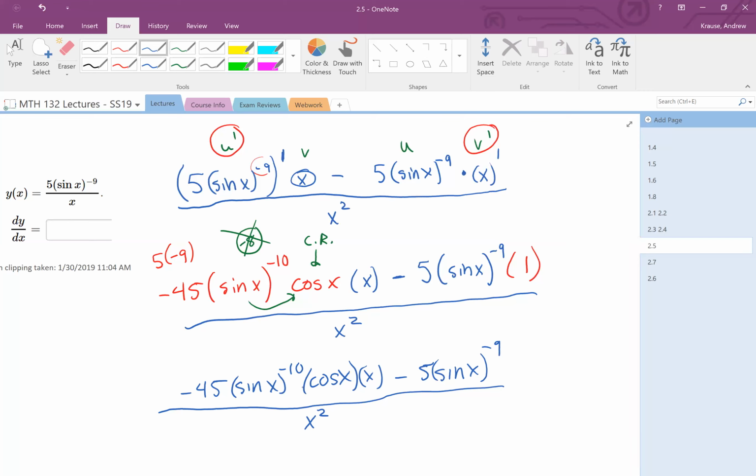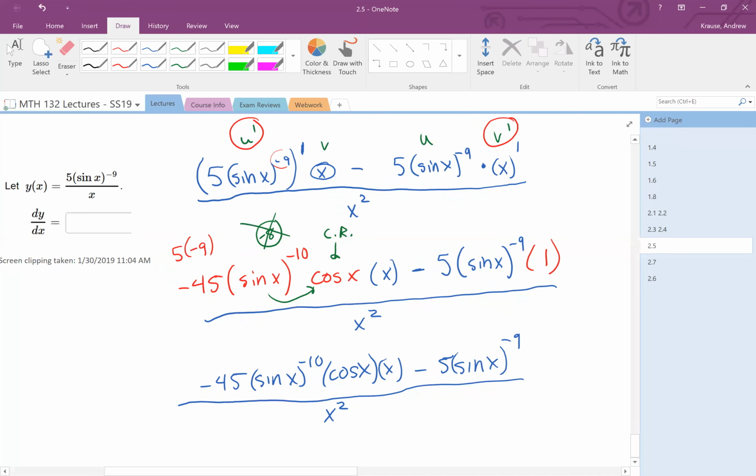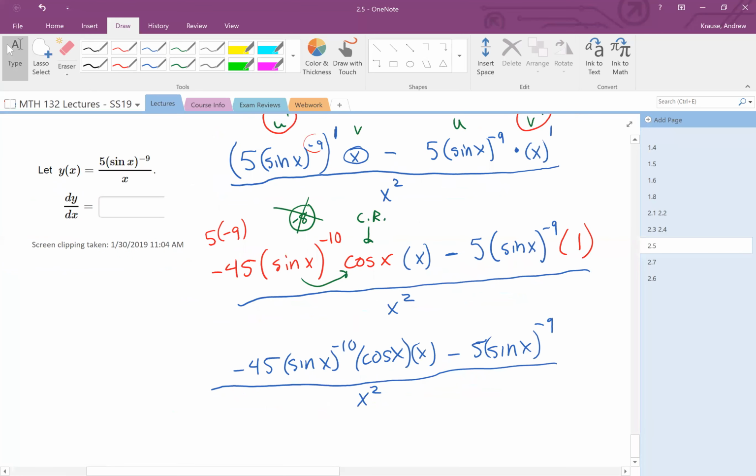All right, so the chain rule being the outside function, yeah, that's exactly right. This is a great question, Perry. If the chain rule were on the outside, if this were a different problem, and we had 5 sine of x over x, that whole thing raised to the negative 9th power, then you're exactly right.